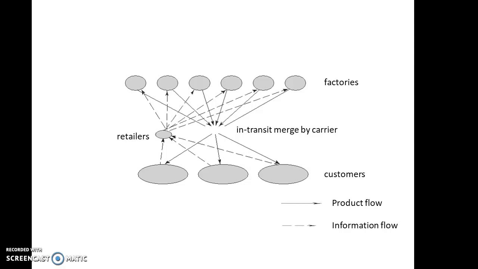The retailers send the order information to the manufacturers or factories. So, for a single order, the products may be collected from several manufacturers and they are combined in transit by the carrier, and then it is delivered as a single shipment to the customer. So the dotted line shows the information flow and the solid line shows the product flow.